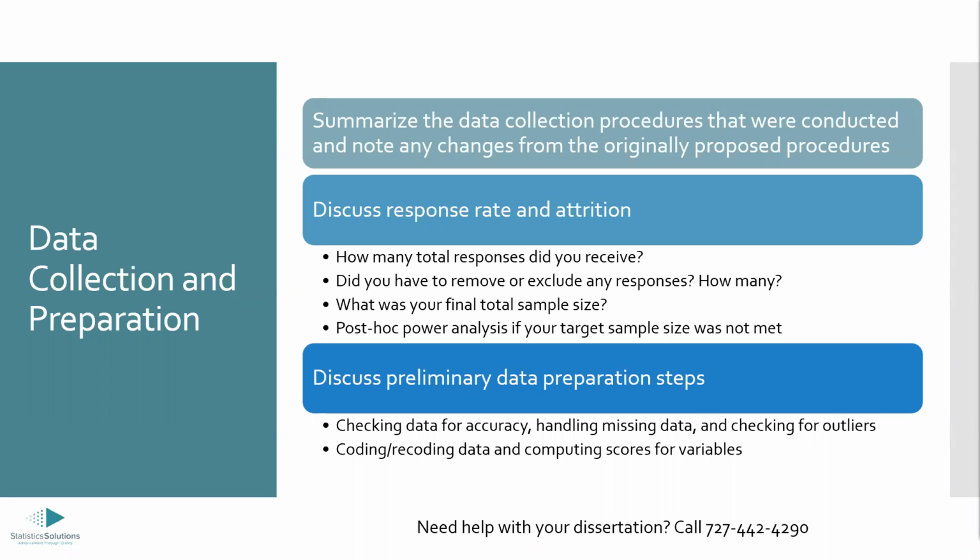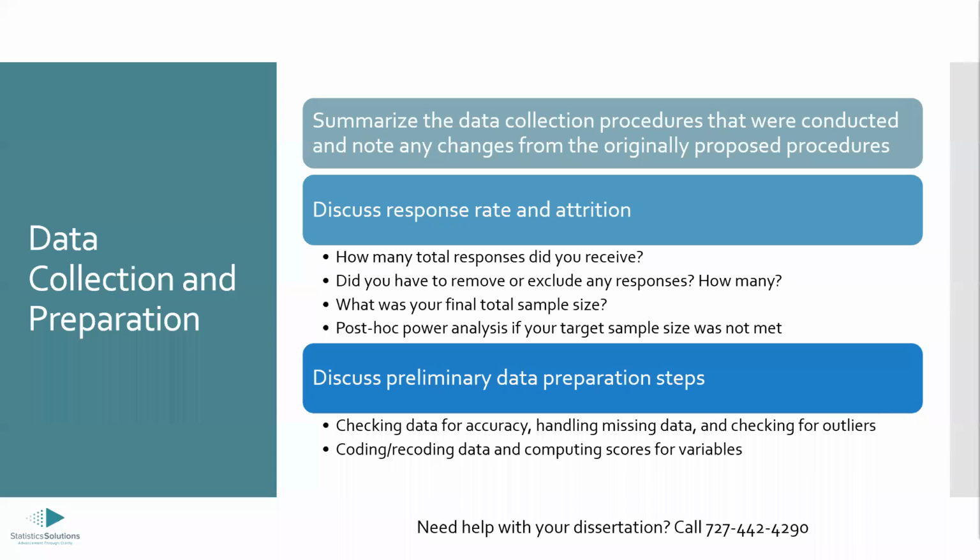So you might have to exclude people for missing data, for instance. So you'll want to talk about all of that and say, if you had to exclude any participants, for what reasons did you have to exclude participants, and how many did you have to exclude for those reasons?